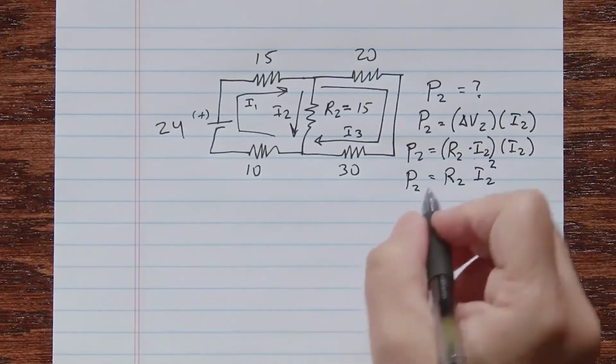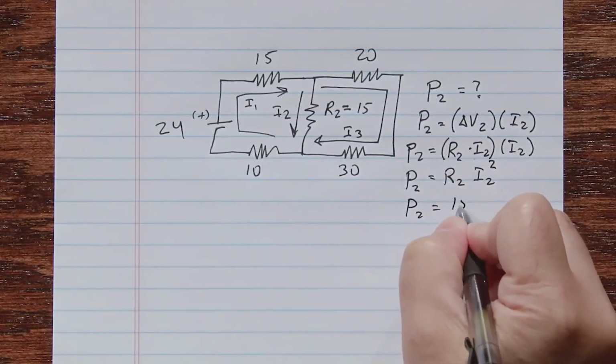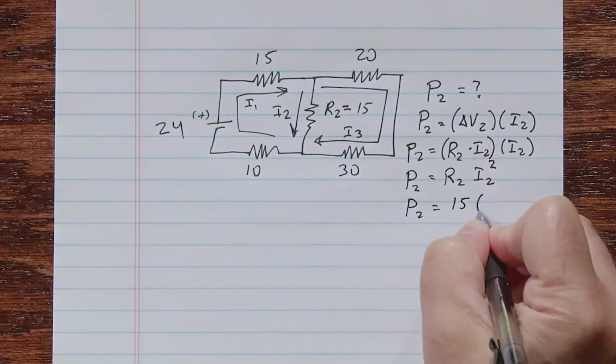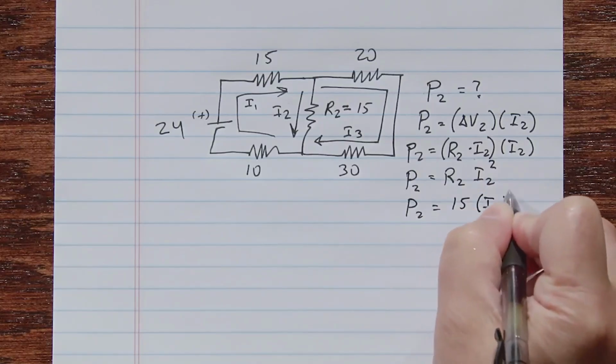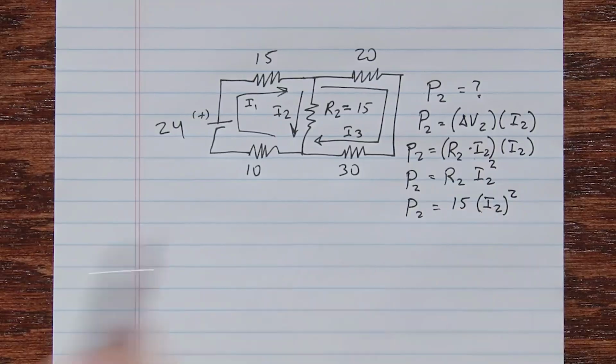We know R2, so power 2 is equal to 15 times I2 squared. So what we have to figure out is I2.